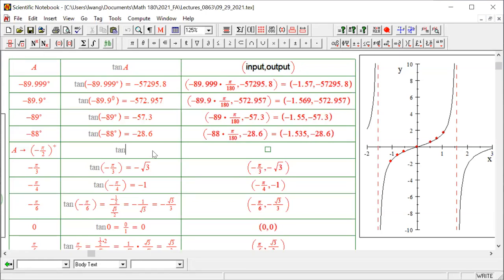Tangent of A approaches what? Negative infinity. You got it?